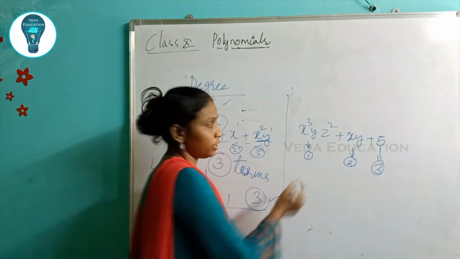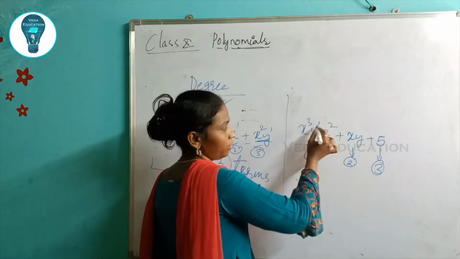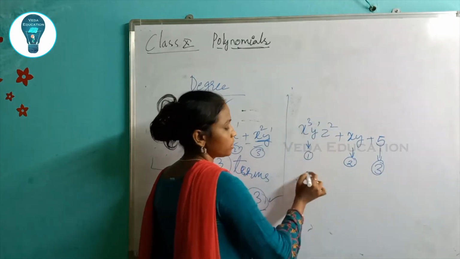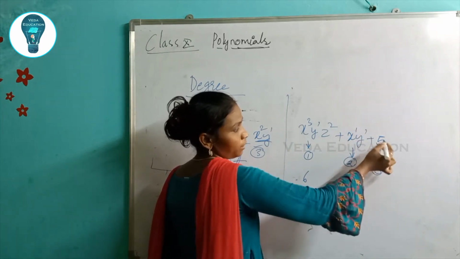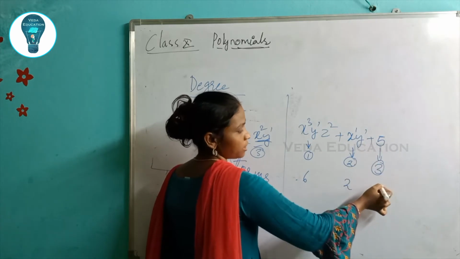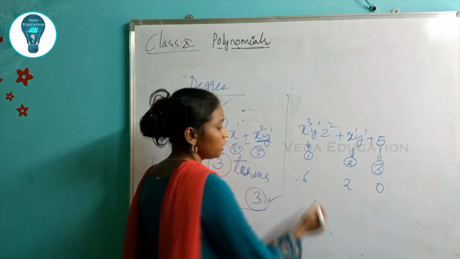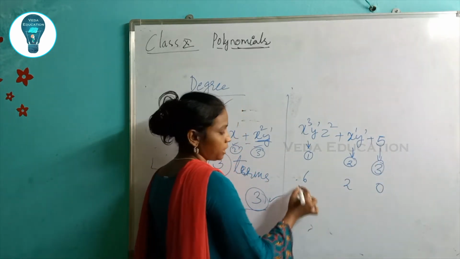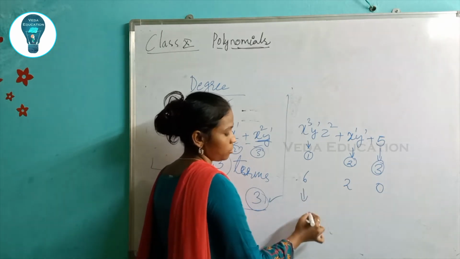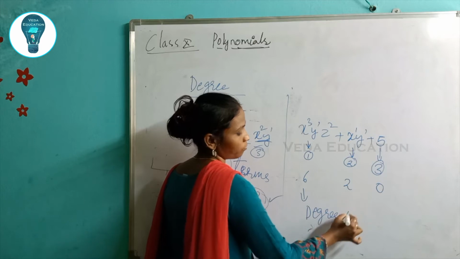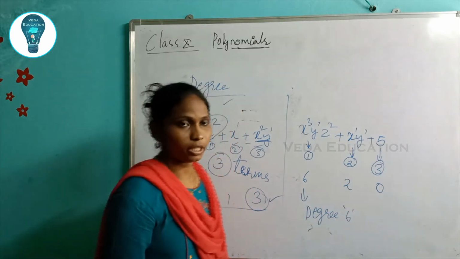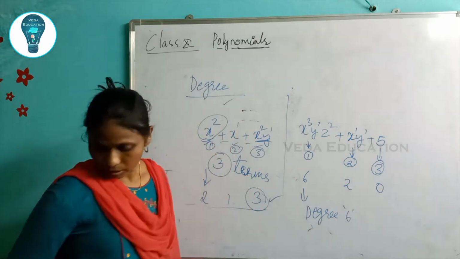And what is the degree of the first term? 3 and here 1, 3 plus 1, 4, 4 plus 2, 6. And here 1, 1, so 1 plus 1, 2. And the constant's exponent is 0. Now what is the highest exponent? 6. So this is the degree of the given algebraic expression. Degree is 6. Got it everyone? Like that we can calculate the degree.